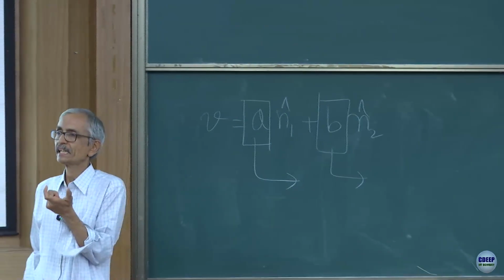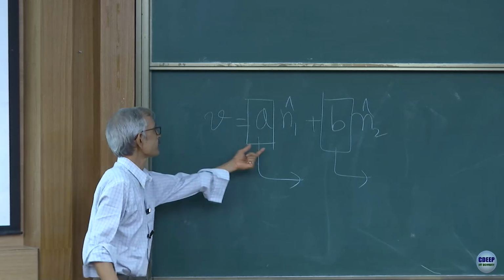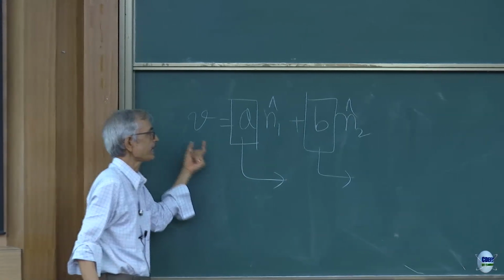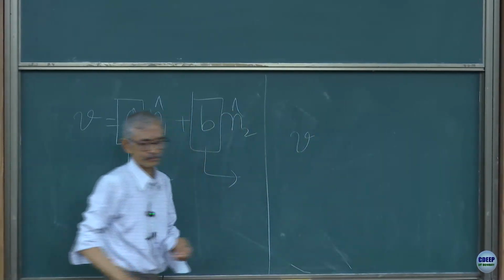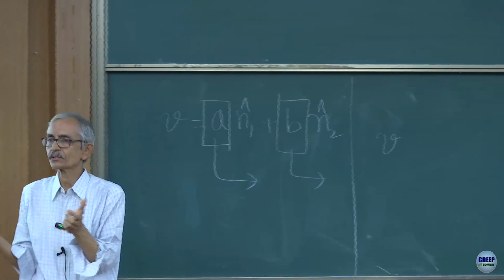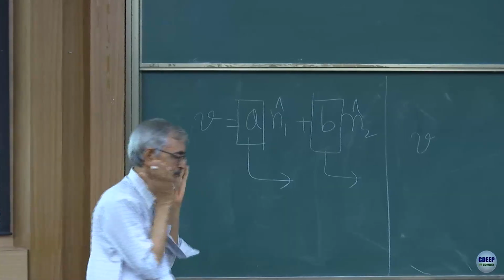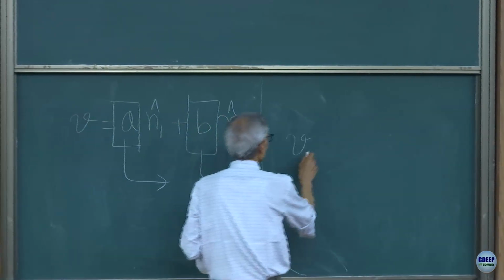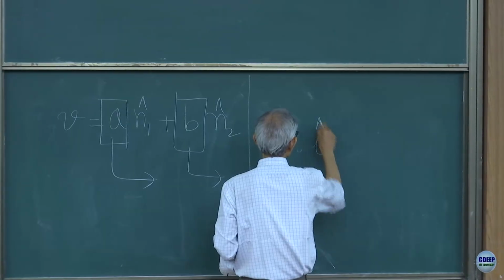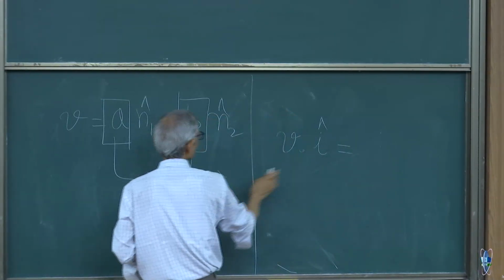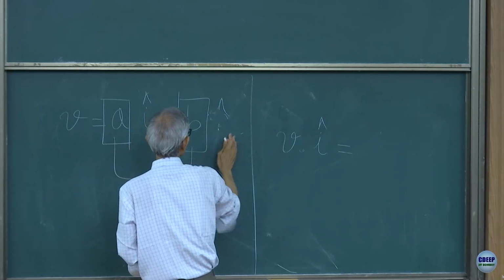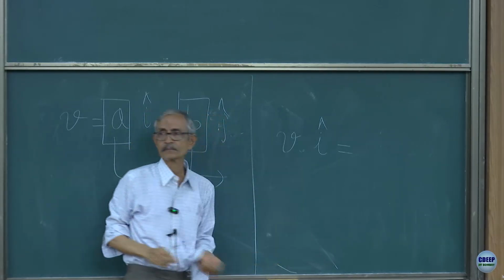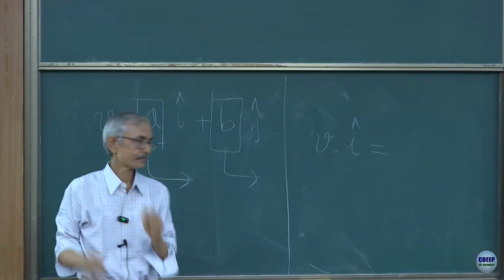So what is this A? And what is the relation between this A and this V? I've got this vector V. We have said that there are some things called inner products, vector dot product. So V dotted with I, which let us say is N1. Let us just say this is I and this is J. What is V dotted with I? A. Okay.